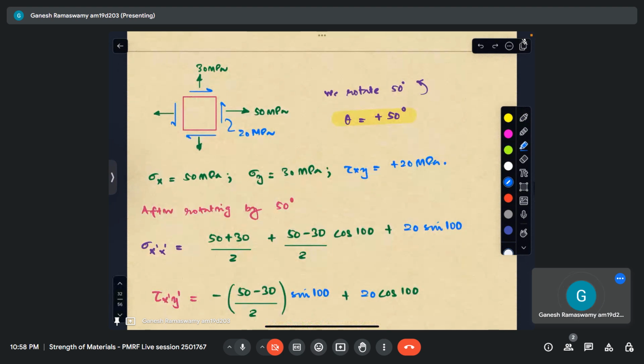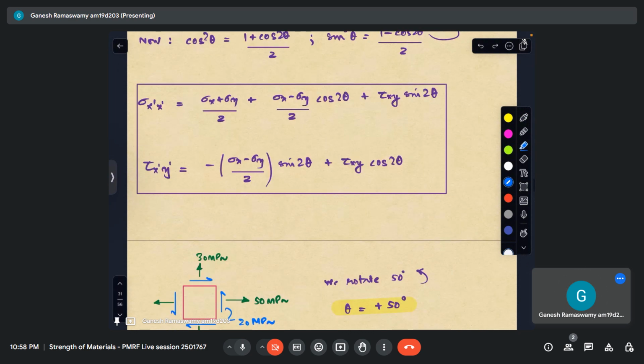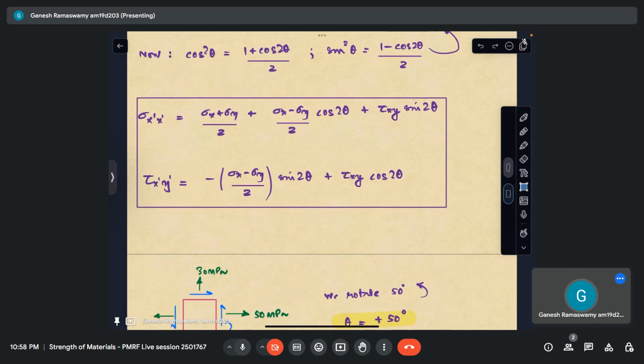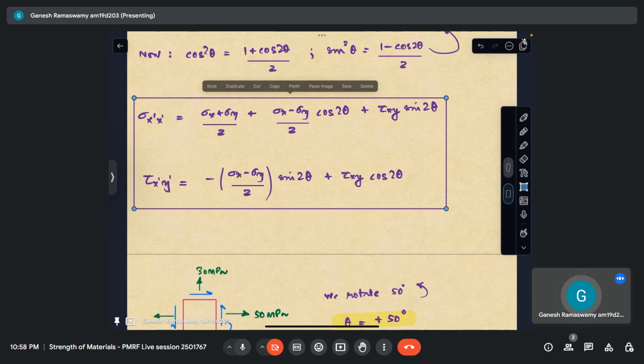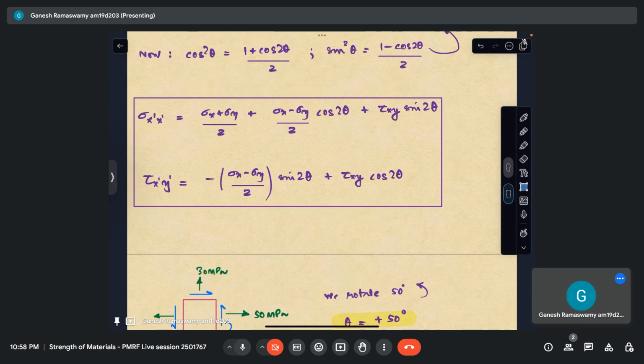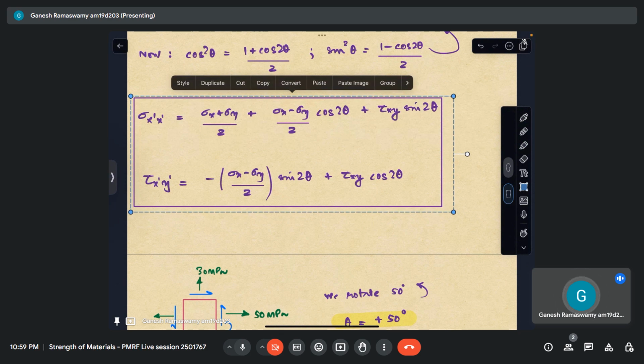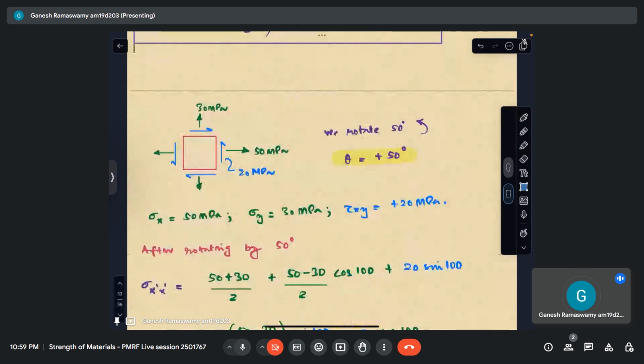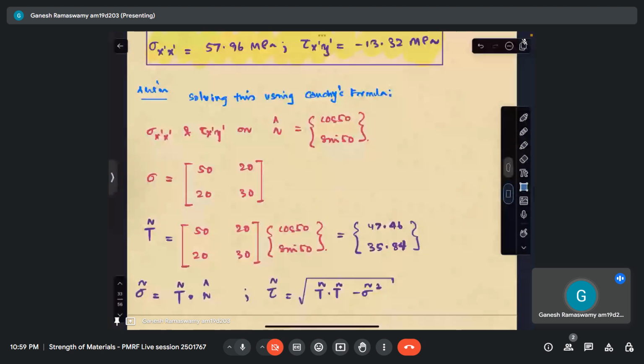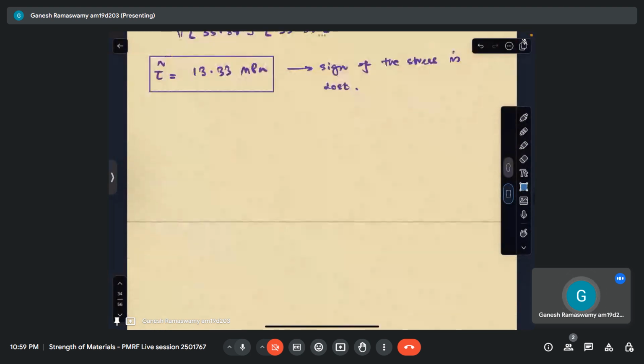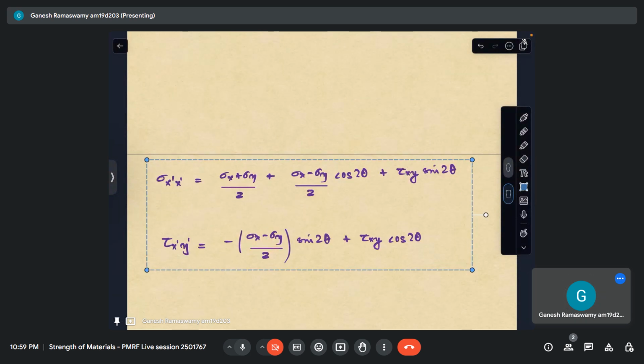Now this begs the question again, is there an easier way to do this? It turns out that there is. Perhaps this can be represented as a curve, and we can do our manipulations and rotations there, which is the idea behind the Mohr's circle. So let us see that now.